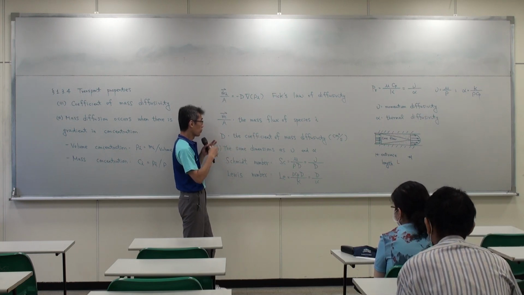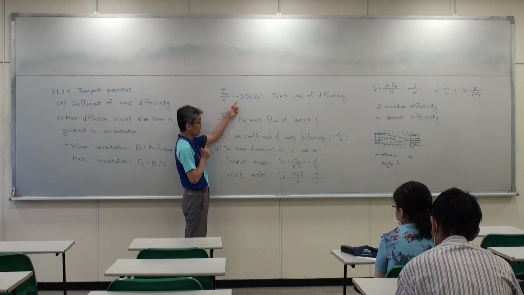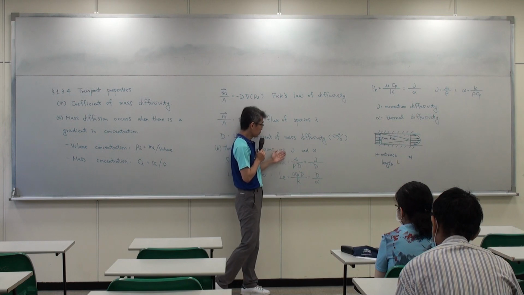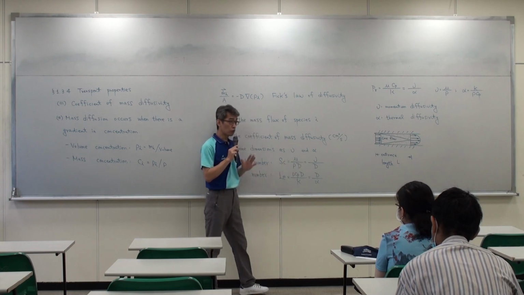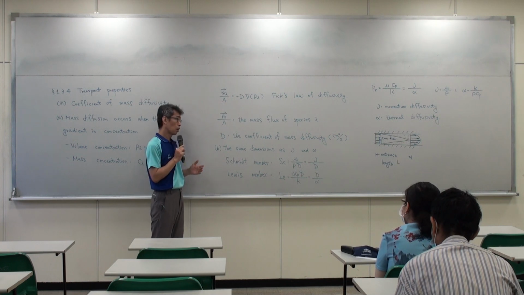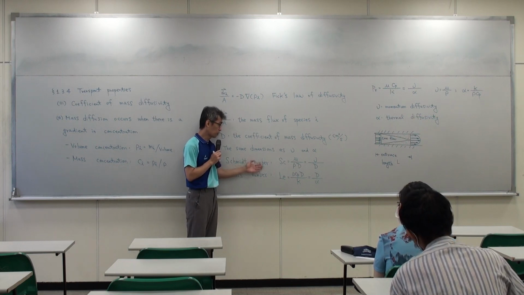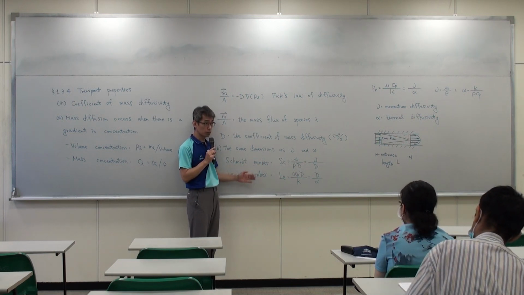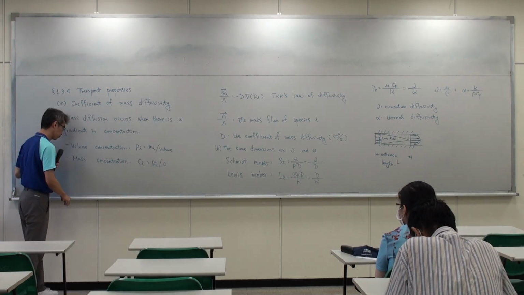And the coefficient of mass diffusivity in this case has the same dimension as the momentum diffusivity and the thermal diffusivity. So if we want to compare the diffusivity, for example, by the mass, or by the momentum, or by the thermal, then we come out with different dimensional parameters. Okay, so this is for the mass diffusivity.